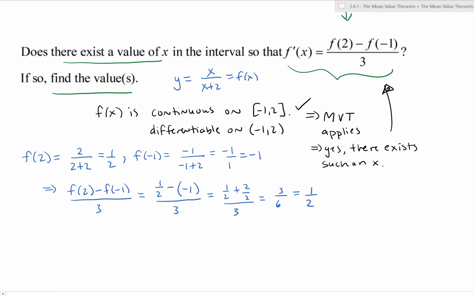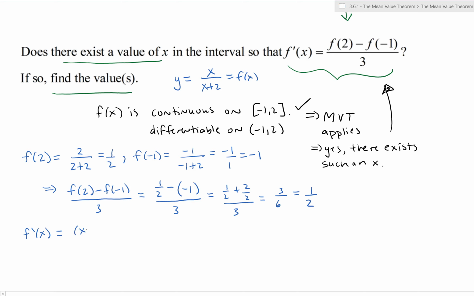So then what do we do? We've got to find the derivative here, right? The derivative of this function is needed in order to figure out what value of x this occurs at. So let's go ahead and find the derivative. f prime of x in this particular case is going to be, well, we could choose to turn this into a product or a quotient. Let's just do quotient rule for fun.